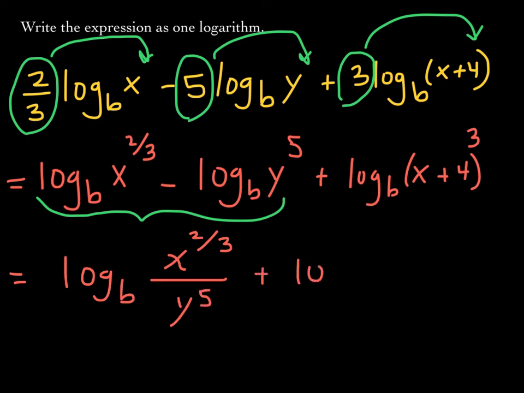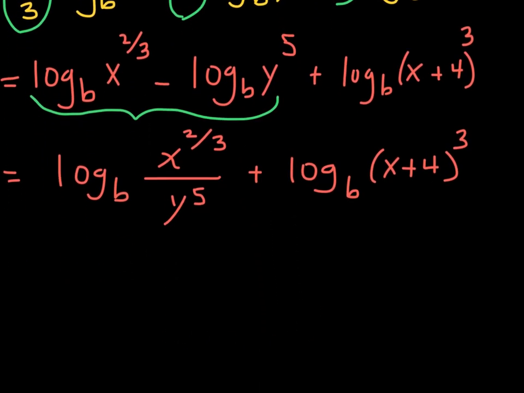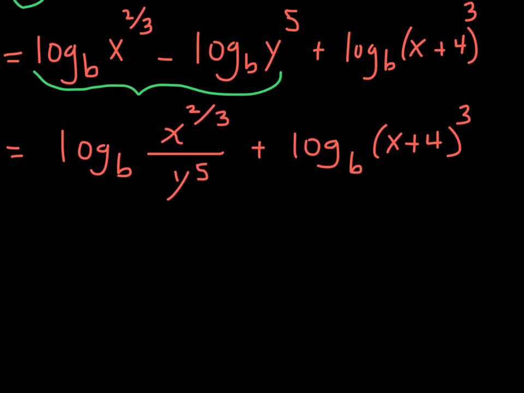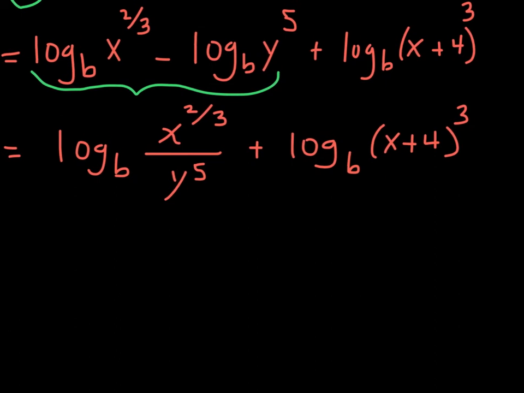Now bring down this next logarithm like that. All right, cool. Now, I see that I have a sum of two logarithms, a sum of two logs. Now, the product rule says you can rewrite a sum of two logarithms as a single quantity.